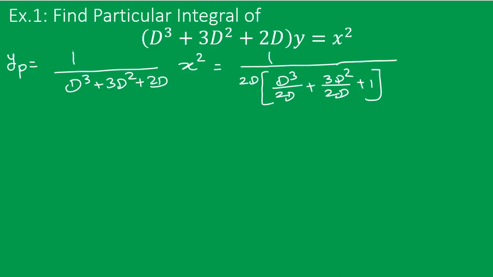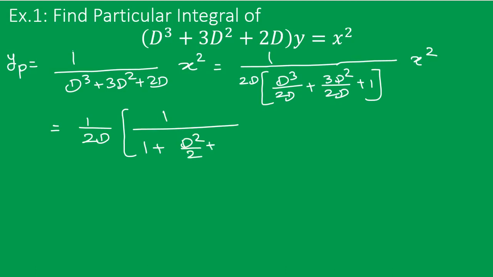This operates on x square, which we can further write as 1 upon 2D operates on, now this we can write as 1 plus (D square by 2 plus 3 by 2 times D). So this bracket term we can call psi of D, operates on x square.